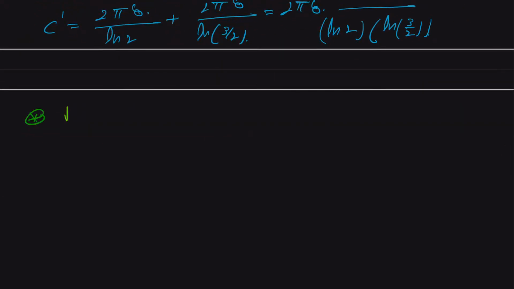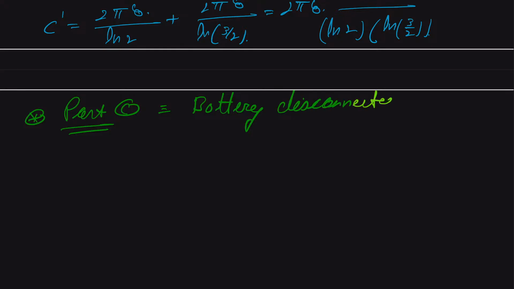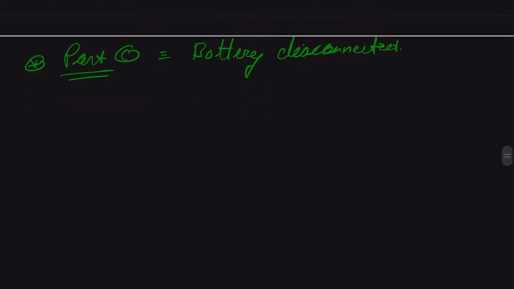So we are having this part C, and part C states that battery is disconnected and lambda nu is added to outer shell.